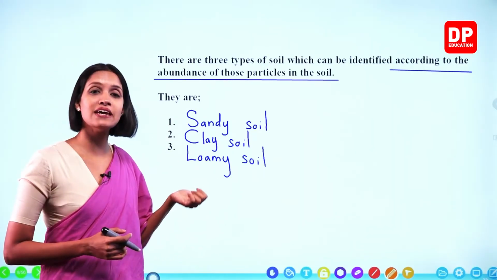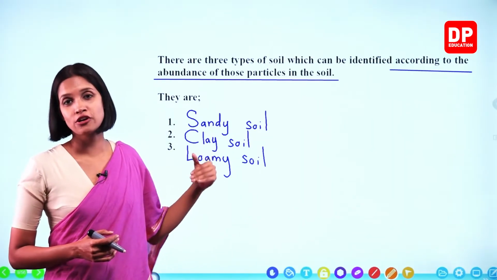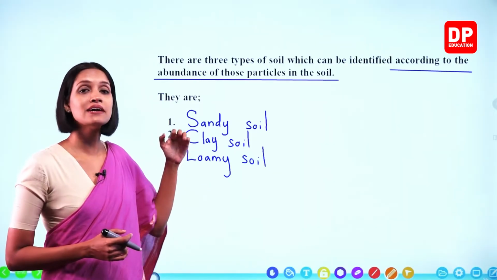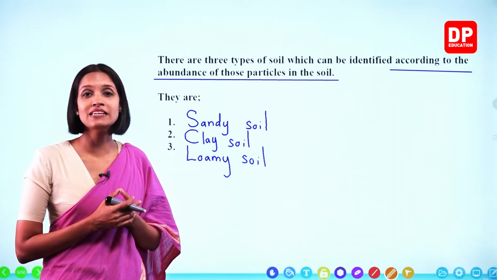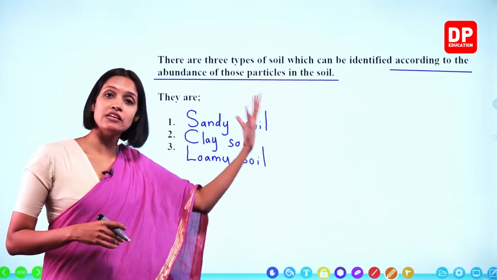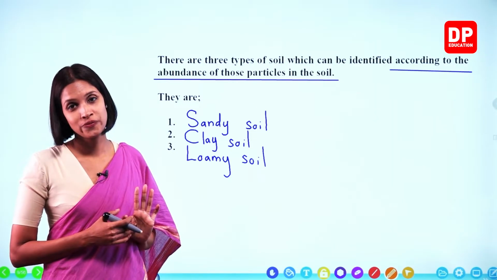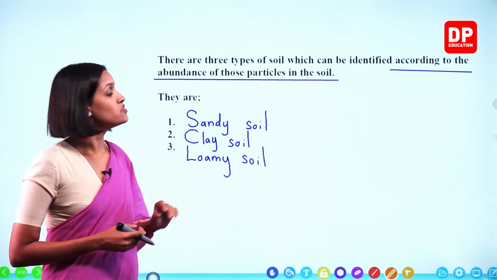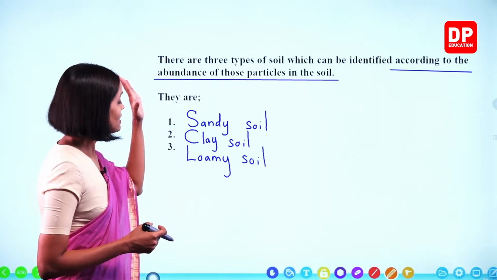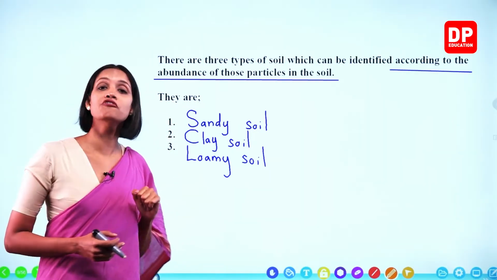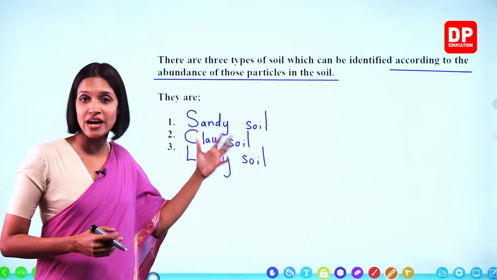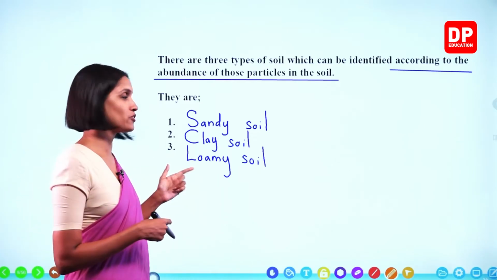Clay soil contains more clay particles than sand and silt particles, but loamy soil has all 3 particles in it. We can't say that sand is more, or clay or silt is more. So now we are going to learn the differences, the properties of these 3 different soil types. We'll move on to the next.